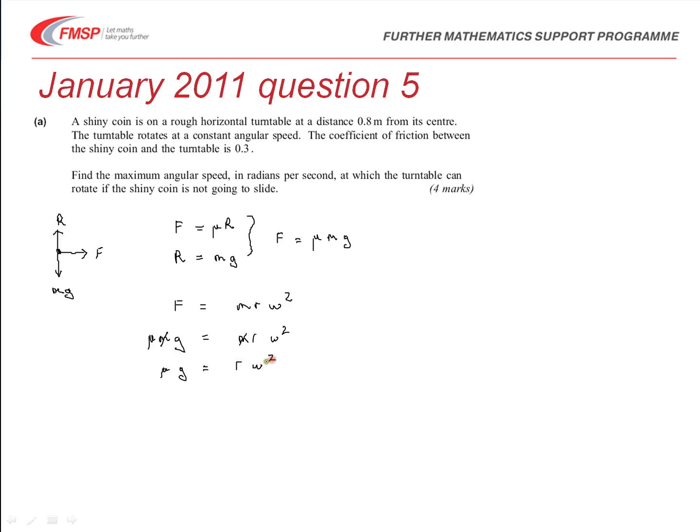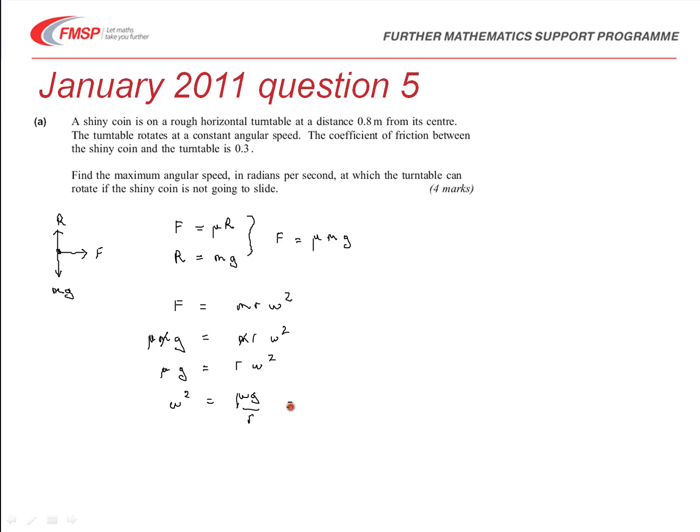Now in this part of the question we're being asked to find the value of omega under this situation. So if we rearrange this, we will get the fact that omega squared is equal to mu g over r.